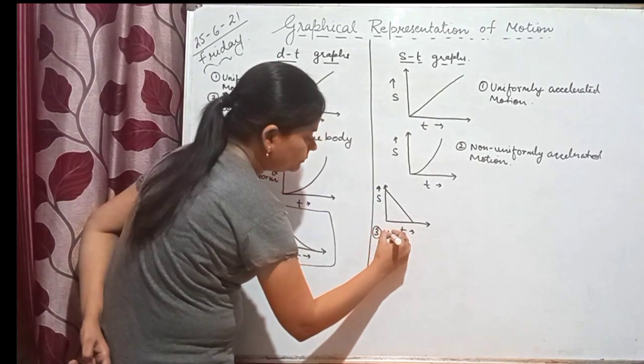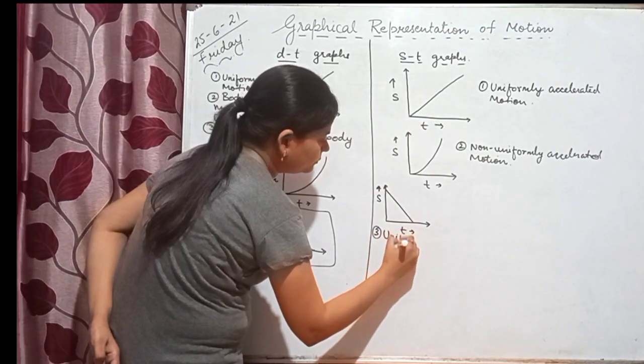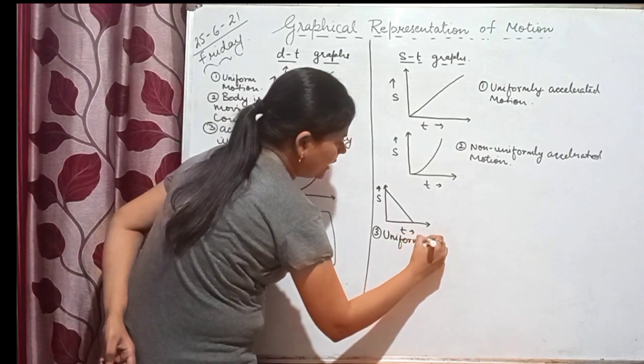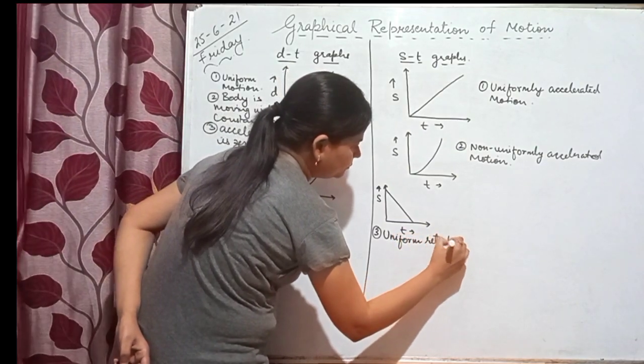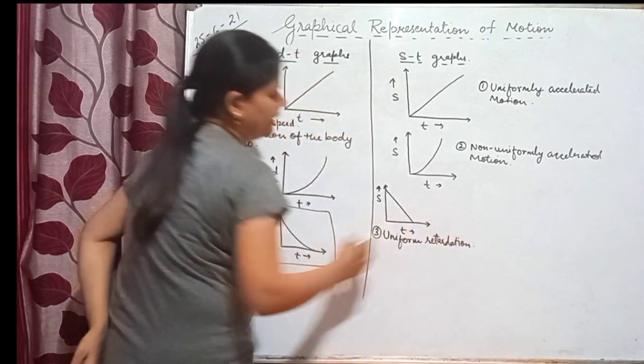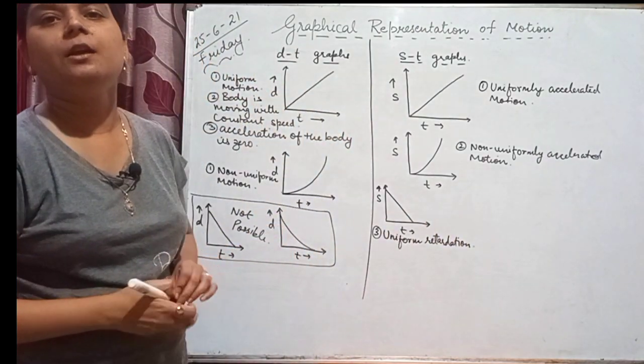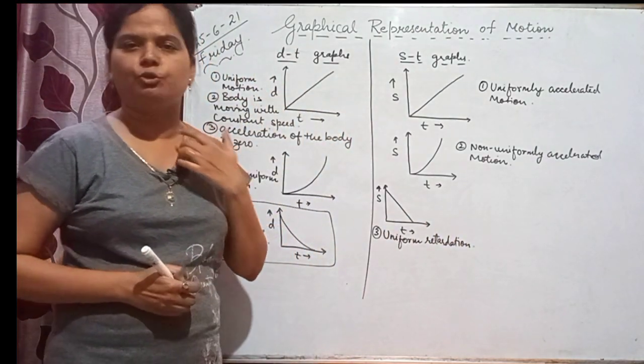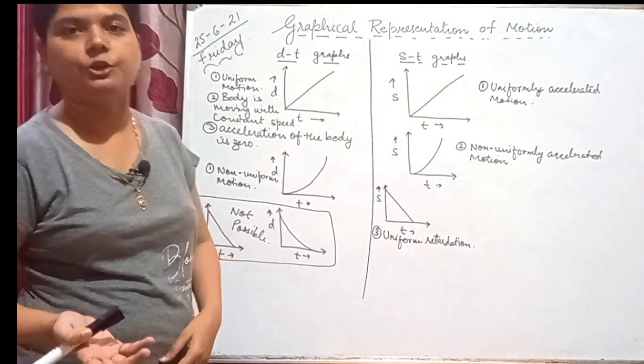uniform retardation. We all know that if the speed is decreasing, then the motion is said to be retarded motion, and retardation means negative acceleration.